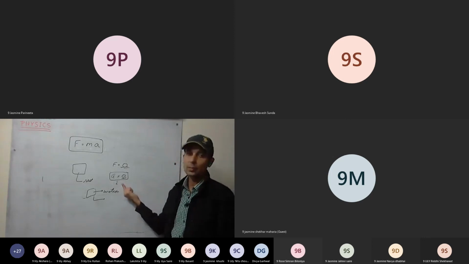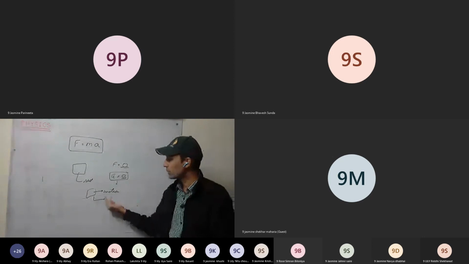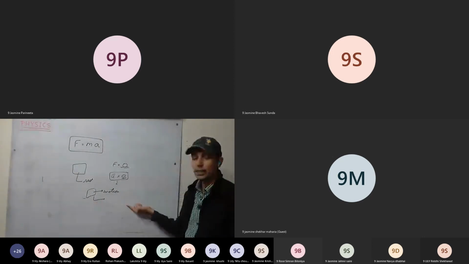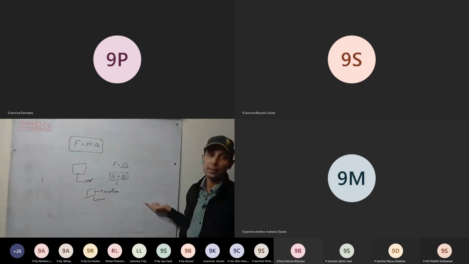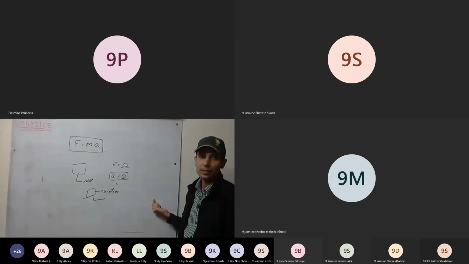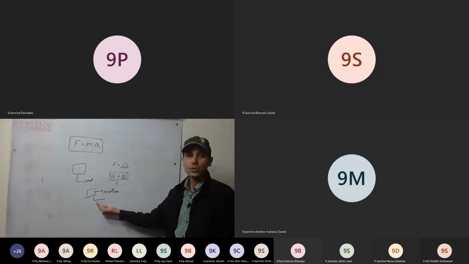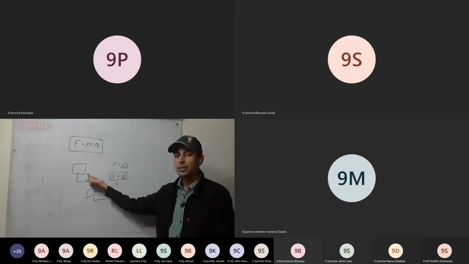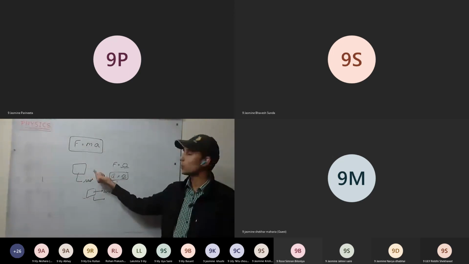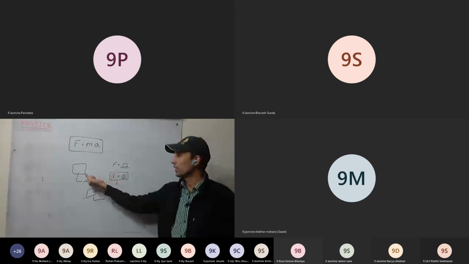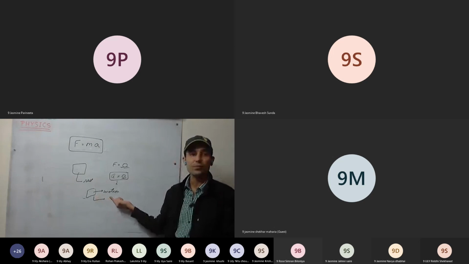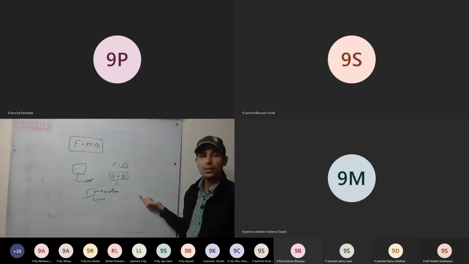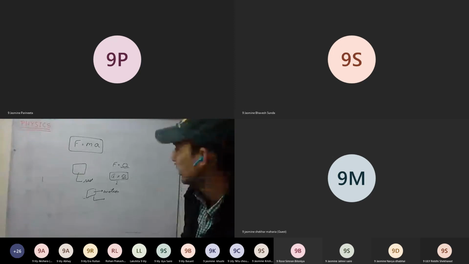If your body is in motion, it remains in the state of motion with the same speed and velocity. If speed is 0, it remains 0. If your speed is 5 meters per second, it will remain 5 meters per second in the same direction. This is clear?